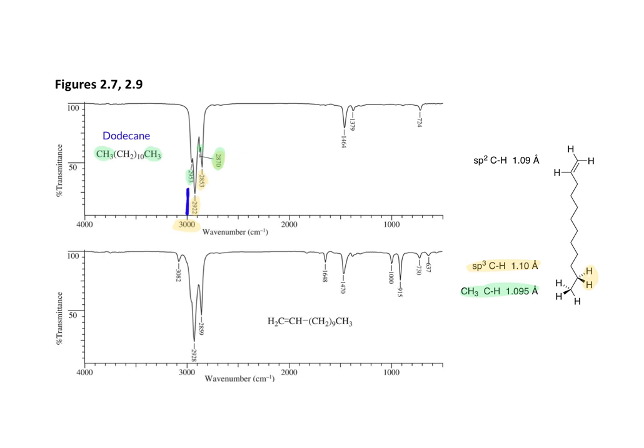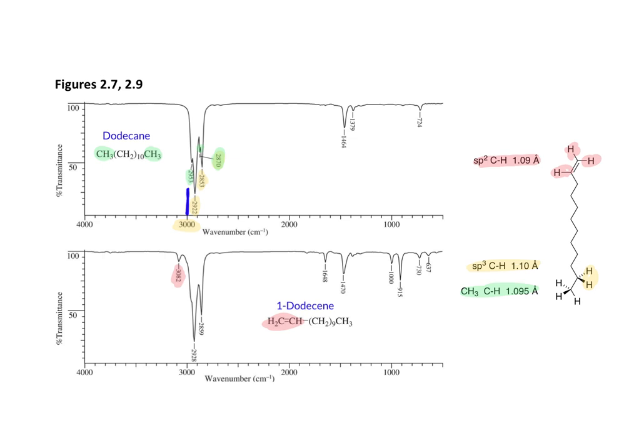Compare this with 1-dodecene, which now has some sp2 carbon-hydrogen bonds. These are very slightly shorter and a bit stronger with bond dissociation energies, and that shows up in a stretching frequency that is just above 3000 wave numbers, just to the left of 3000 wave numbers.